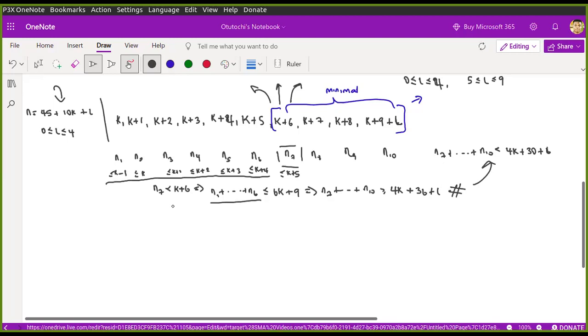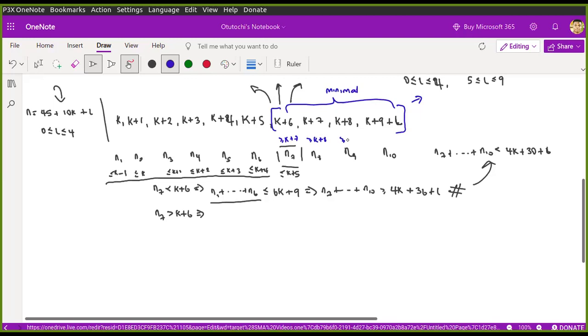So the next case is n7 greater than k plus 6. Now, if n7 is greater than k plus 6, this is just going to imply that n7 is greater than or equal to k plus 7. And of course, it's ordered, so that's going to imply that n8 is greater than or equal to k plus 8.